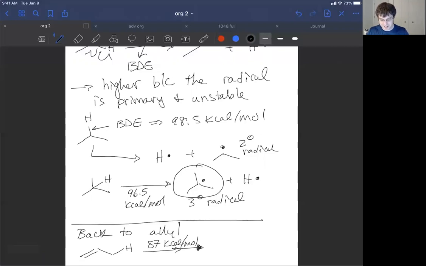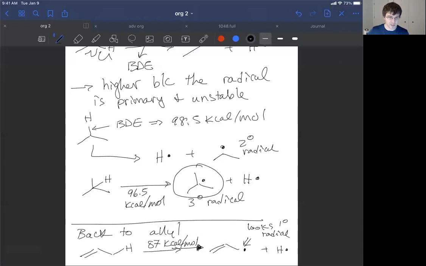So that's 9, almost 10 energy units lower than forming a t-butyl radical, which is impressive because technically if you ignore the rest of the structure, and I'm going to say it looks, because it's not entirely true, but it looks like a primary radical is being formed when you do a homolysis reaction of an allyl system. So this is all quite surprising.